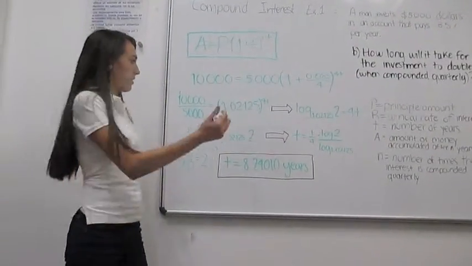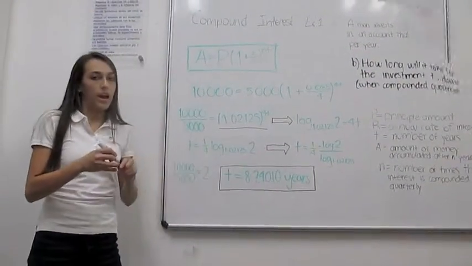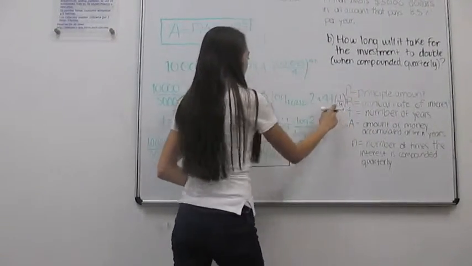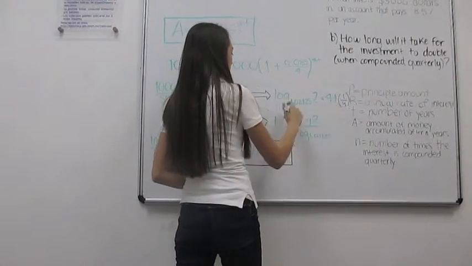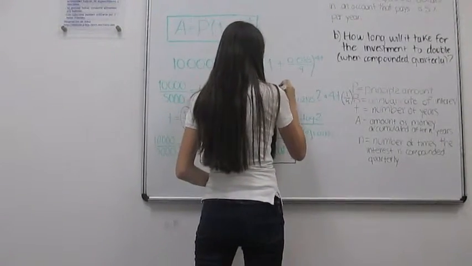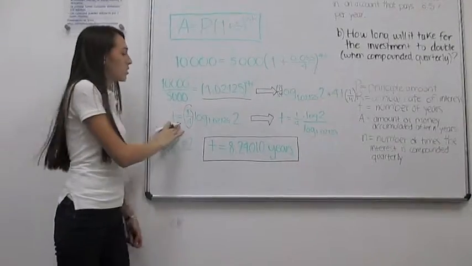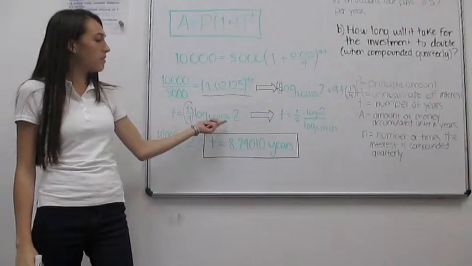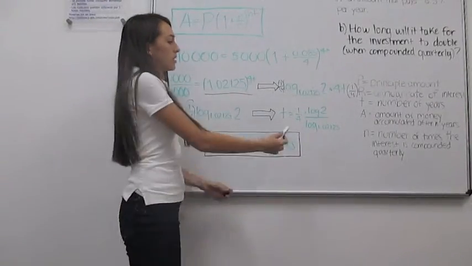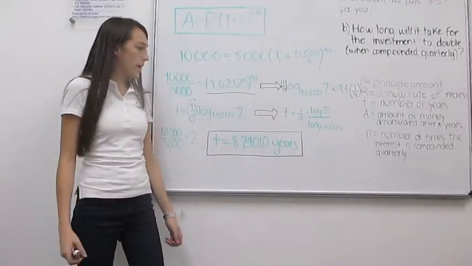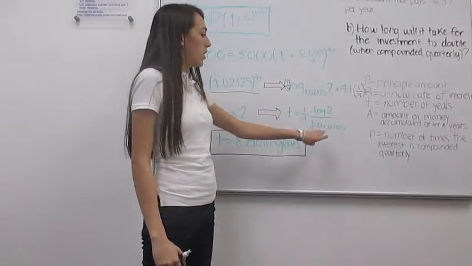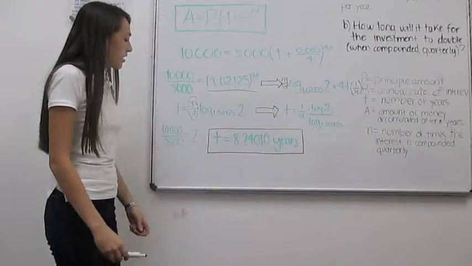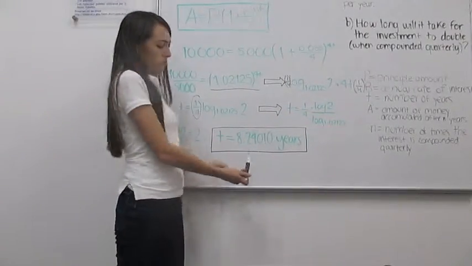And we multiply by 1 over 4, and t is equal to 1/4 logarithm base 1.02125 of 2. And now we need to do the change of base between log 2 and log 1.02125. And we have this result.